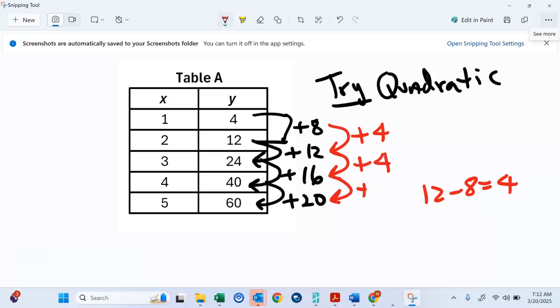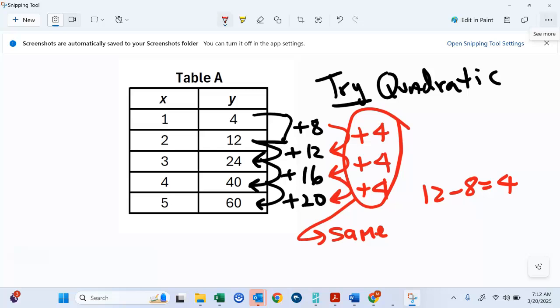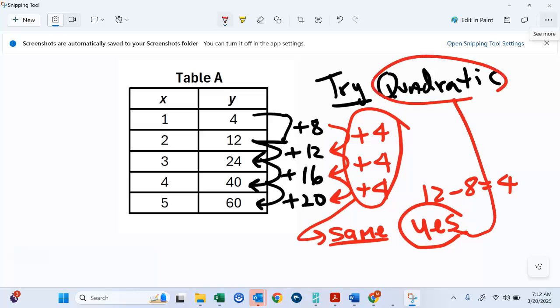And then also plus 4. So this is the same. So yes, it's quadratic. Okay? So again, you do it one time, it's plus, plus, plus, but it's different numbers. But the difference between these is the same. It's plus 4, plus 4, plus 4.